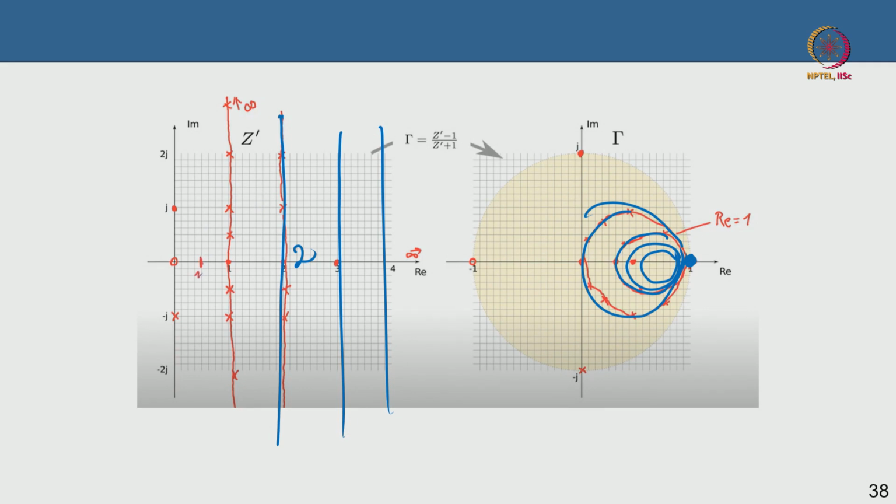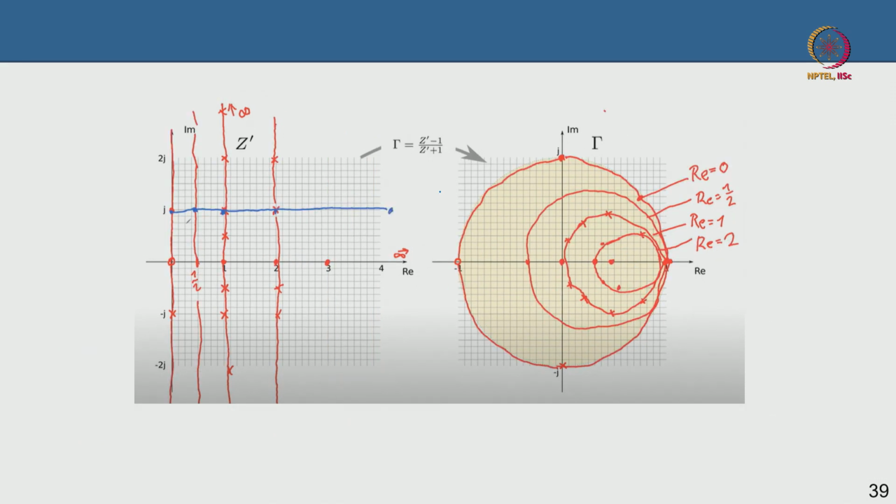You see my point? Now what if I keep the imaginary part fixed, say j, and I keep changing the real part? That means 1 plus j, 2 plus j, maybe 0.5 plus j. If I keep the imaginary part fixed and keep changing the real part, how will it look?